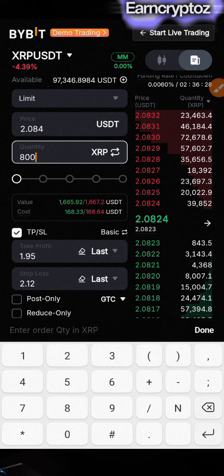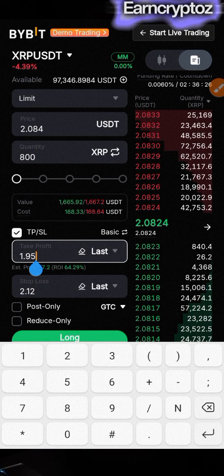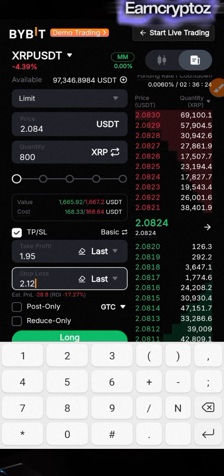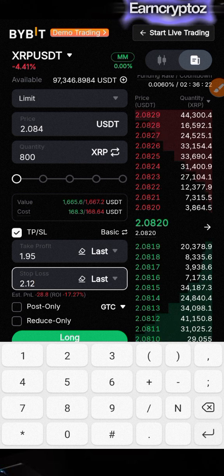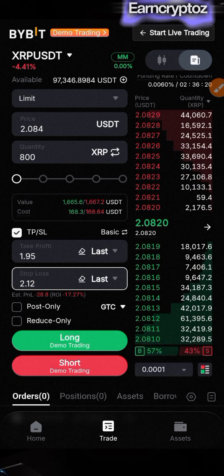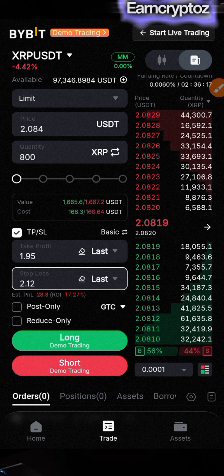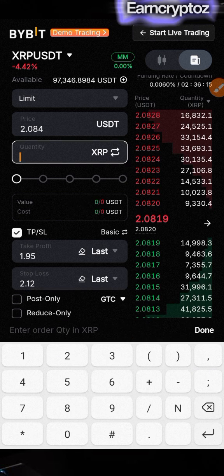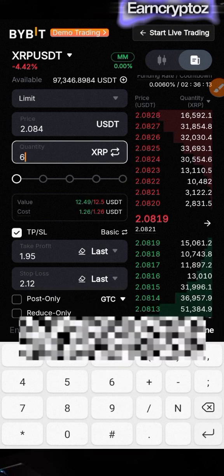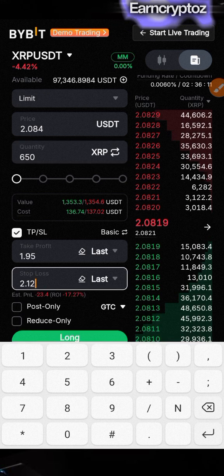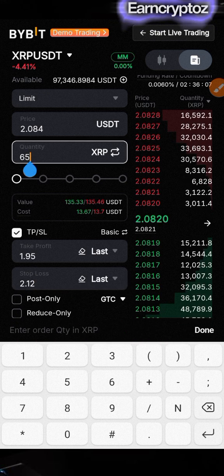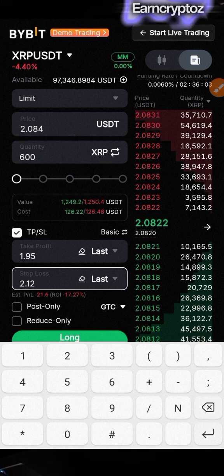So as you can see, now this is $28. So you still need to reduce this quantity to the amount that will allow you to risk the exact amount. Okay, this is 23. So let's see, maybe if we use 600, now you can see 21.